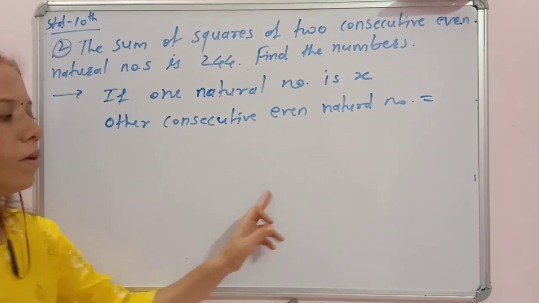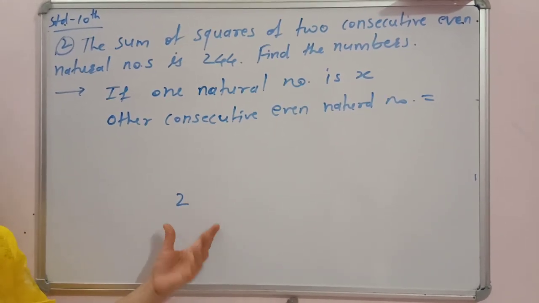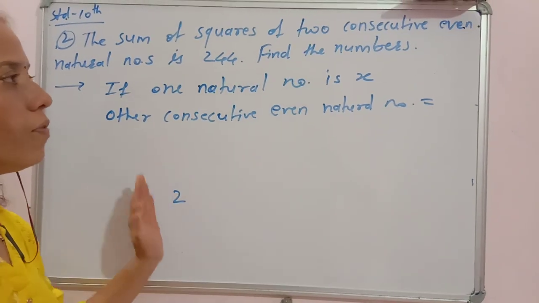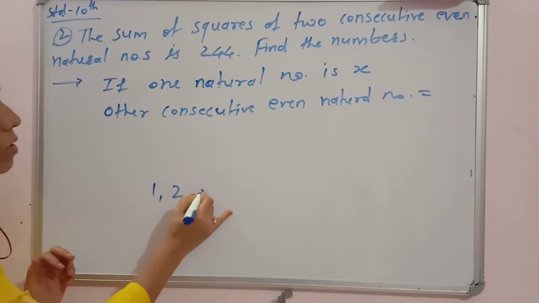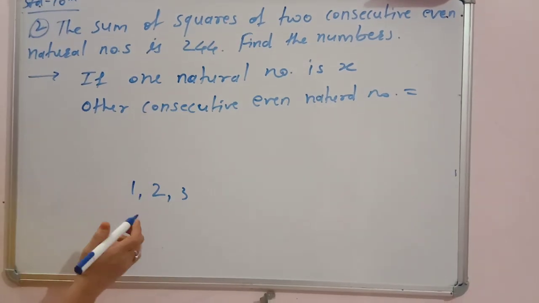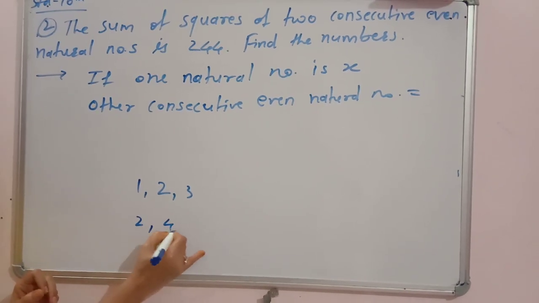The meaning of consecutive is the numbers which come one after the other. Natural numbers 1, 2, 3 are consecutive natural numbers, but consecutive even natural numbers are: the first even number is 2, then 4, then 6.